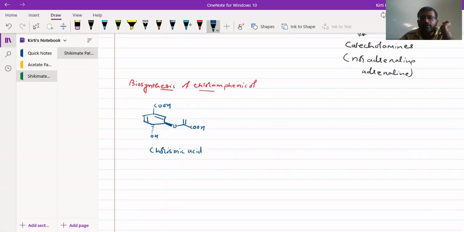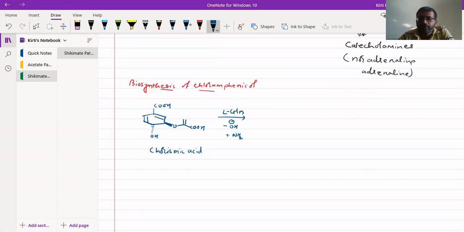This chorismic acid undergoes amination reaction in presence of glutamine, like what we had for ट्रिप्टोफैन. लेकिन ट्रिप्टोफैन में यहाँ पर अमीनेशन हुआ था. अभी यहाँ पर होने की बजाय यहाँ पे अमीनेशन होगा at the fourth position, and it will result in loss of hydroxyl group, and we will have amine group added over there.